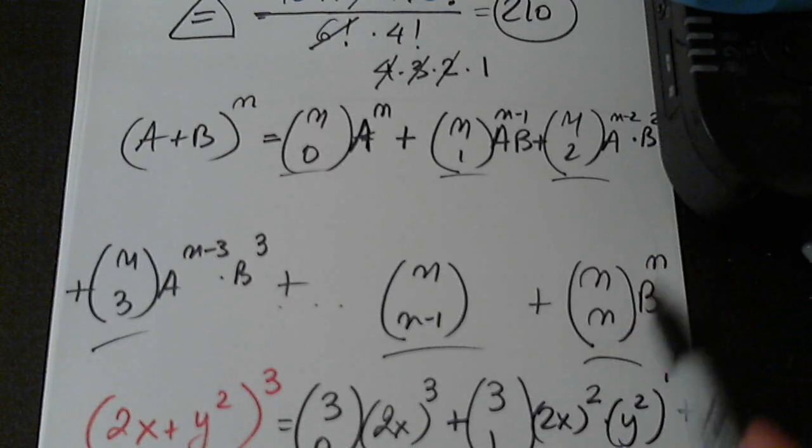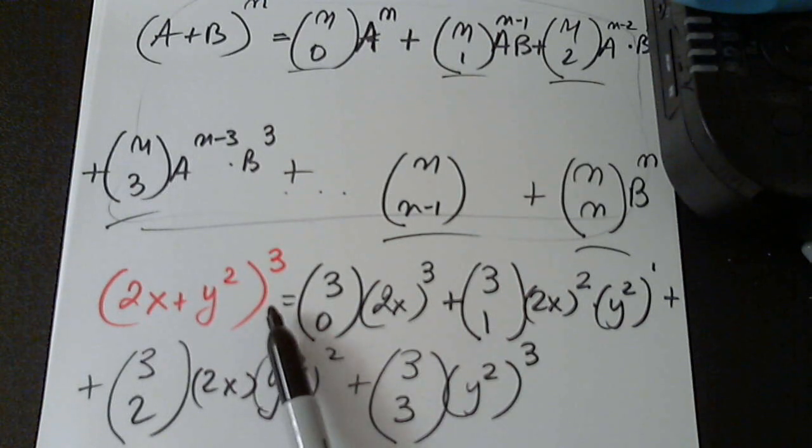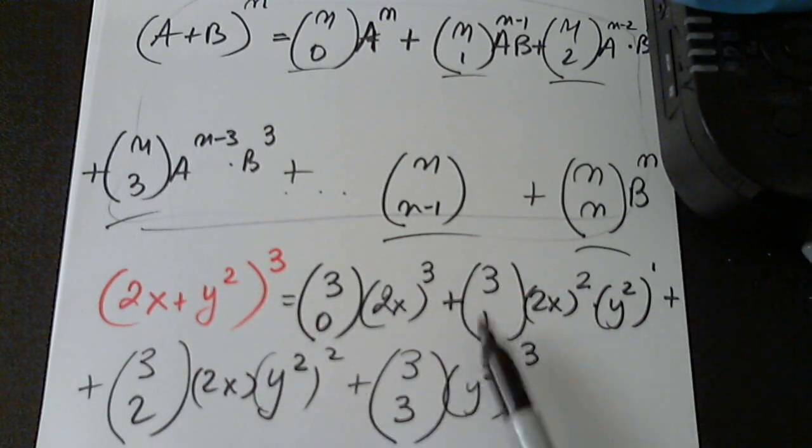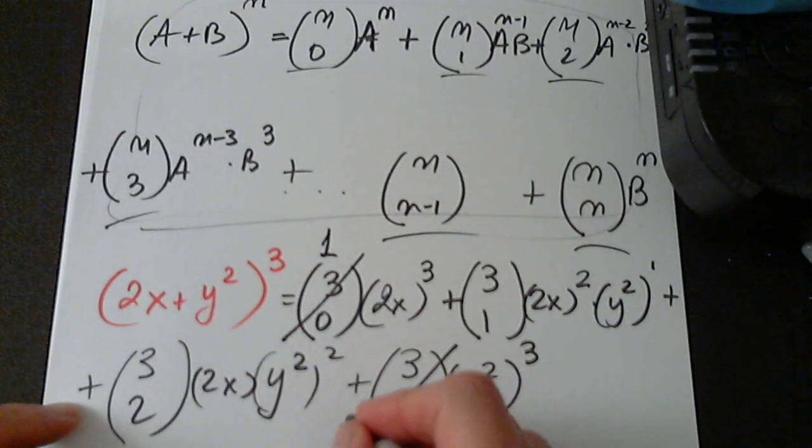This is what this means. For a simple example, 3 choose 0, 3 choose 1, 3 choose 2, 3 choose 3.